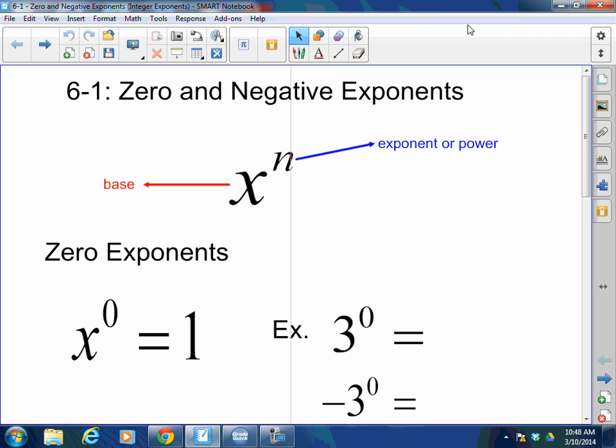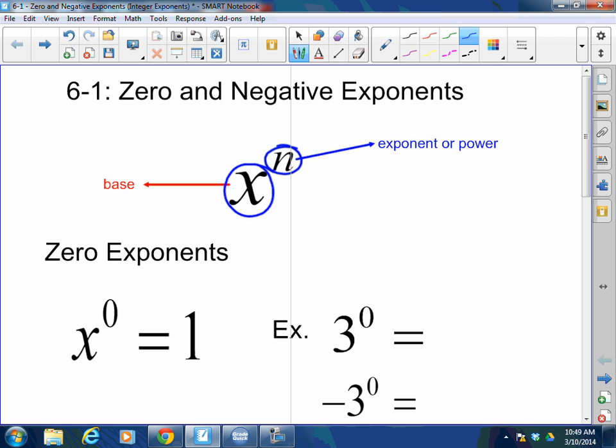First of all, we're dealing with exponents today, so I just wanted to give you a little brief review. Remember that when you have x to the n power, the x is your base. That is the number or value being affected by the exponent. The n is the exponent or the power.